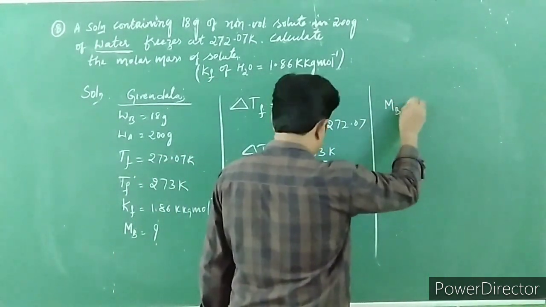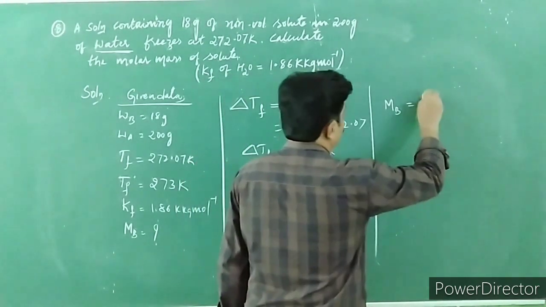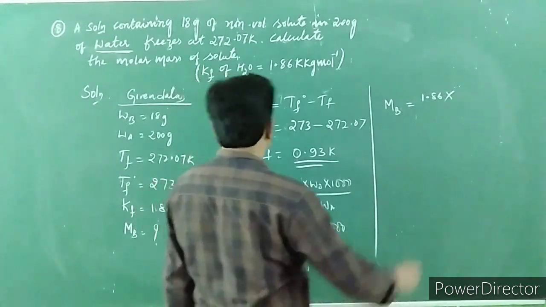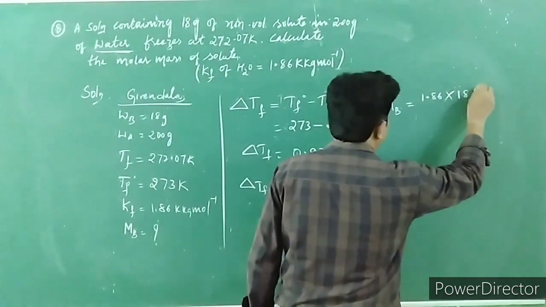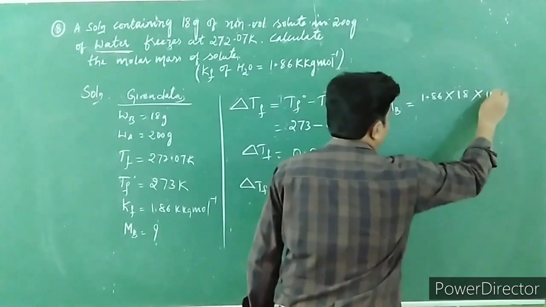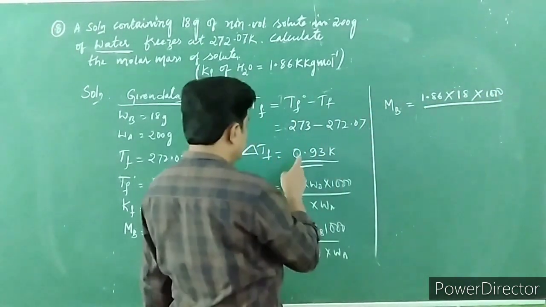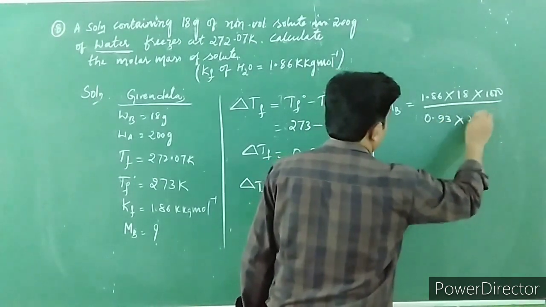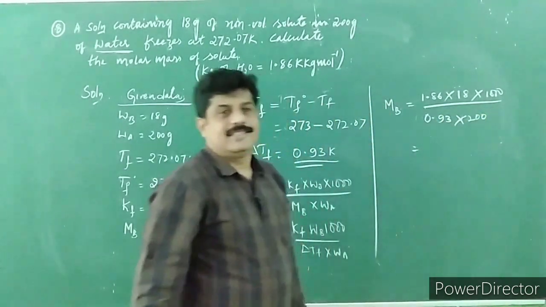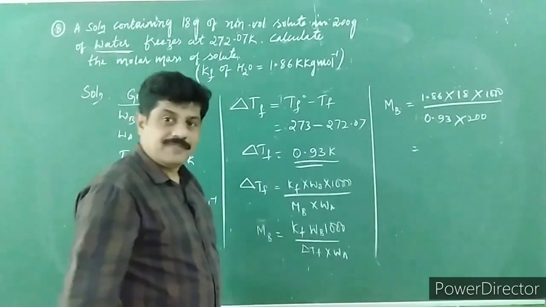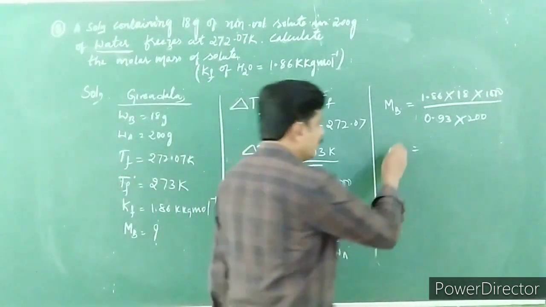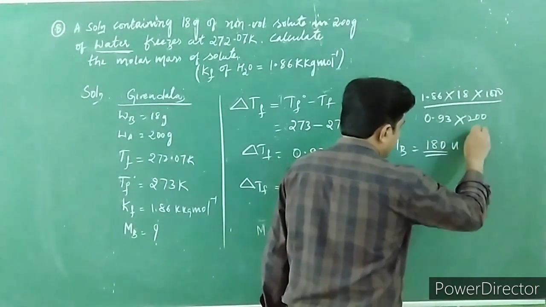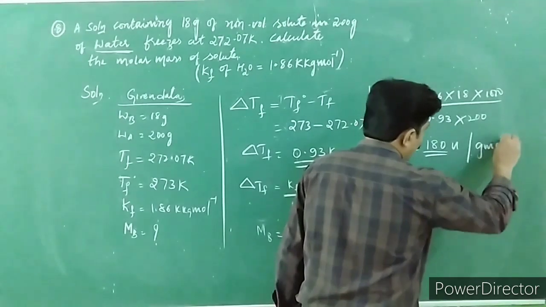MB is equal to Kf, which is 1.86, into Wb, which is 18 grams, into 1000, upon delta TF, which is 0.93, into 200 grams of water. Simple, children. If you simplify that, hope you can do that, MB you are going to get is 180 unified mass or gram per mole.